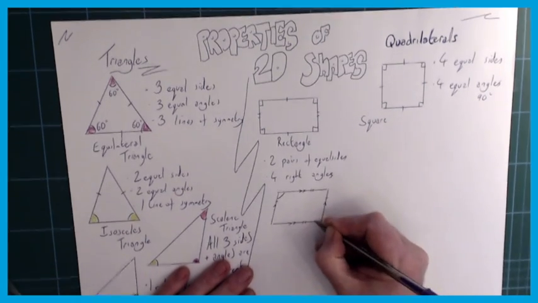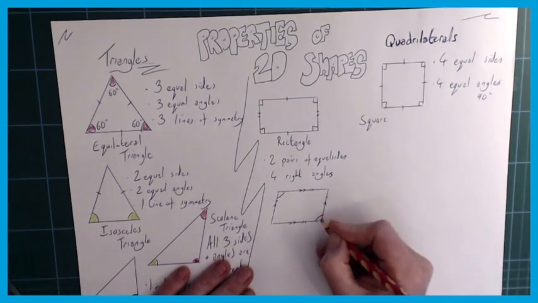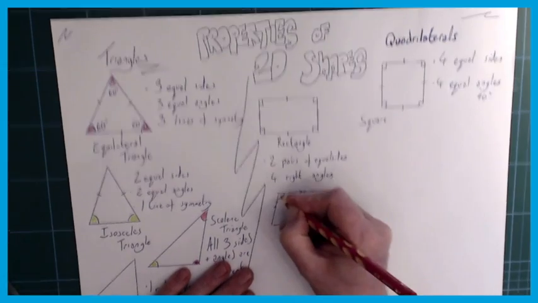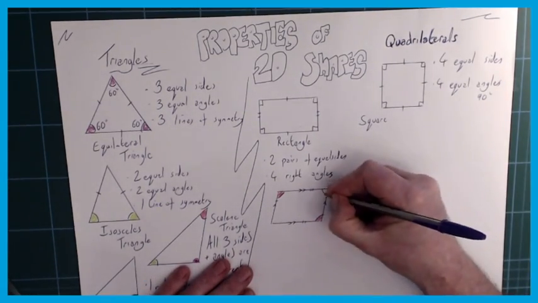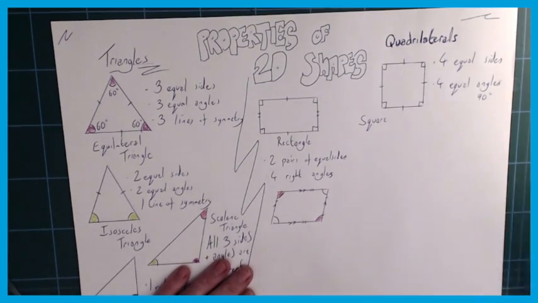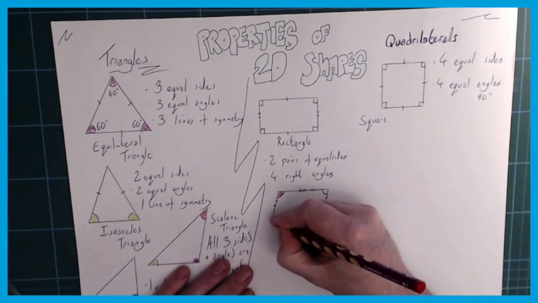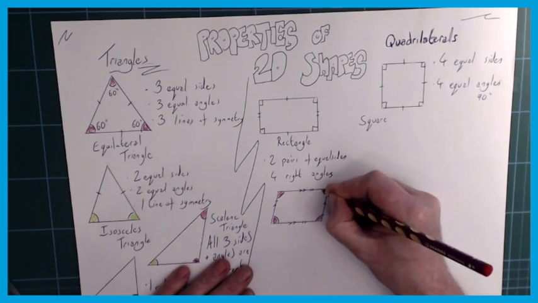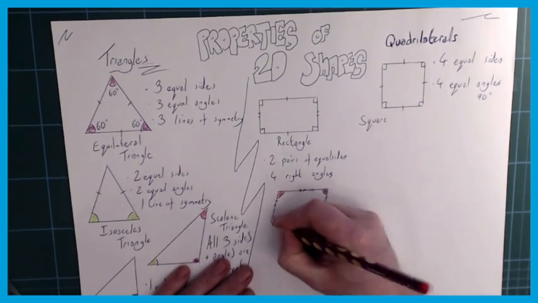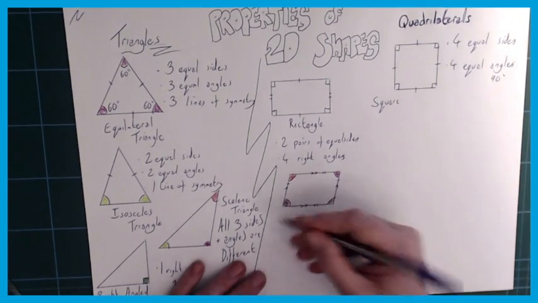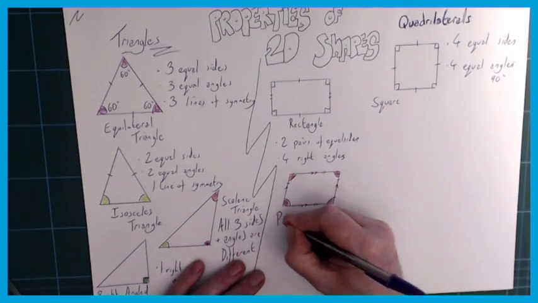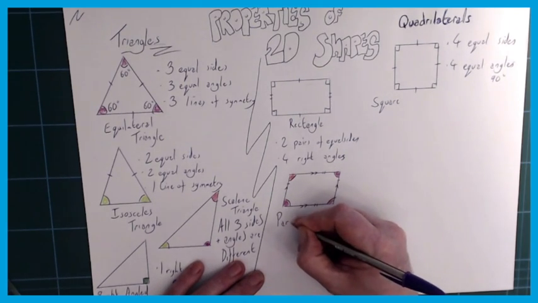This angle and this angle are equal, and this angle and this angle are equal. And this is a parallelogram.